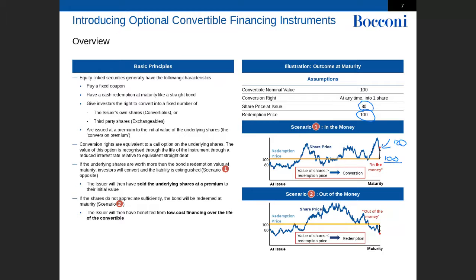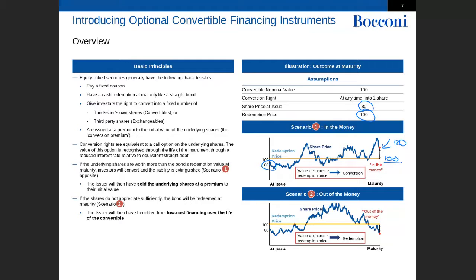Of course, it is a premium compared to the initial share price. But what really matters is when you issue the shares, when you do the IPO, the rights issue, the accelerated offering in the marketplace. When you deliver the shares, there is always a discount to the market. So also in the convertible, the rules get applied in full.